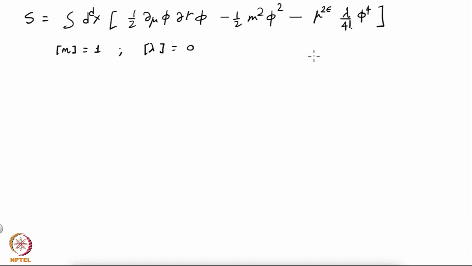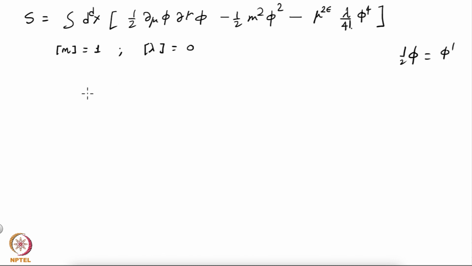Even the factor half here, you could absorb into phi. You could say, I don't want to work with this phi, but I will define phi over root 2 to be phi prime, and I will write this action in terms of del mu phi prime, and that half factor will start appearing in other pieces. We also had introduced some factor of z and redefined. So what I'm going to do now is redefine the fields and these parameters again. You will see later why that will be useful, but for now I will do this.